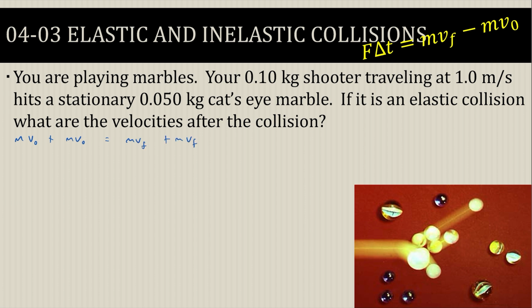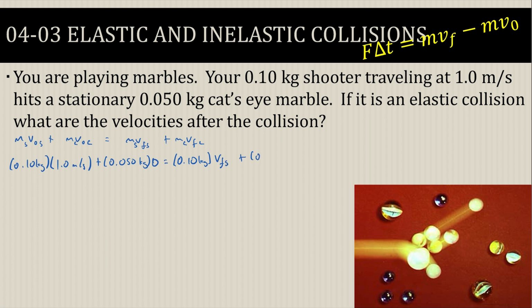So, let's use the shooter and the cat's eye. The mass of the shooter is 0.1 kilograms, at 1.0 meters per second. The cat's eye is initially stationary, so its initial velocity is 0. The shooter has some final velocity.